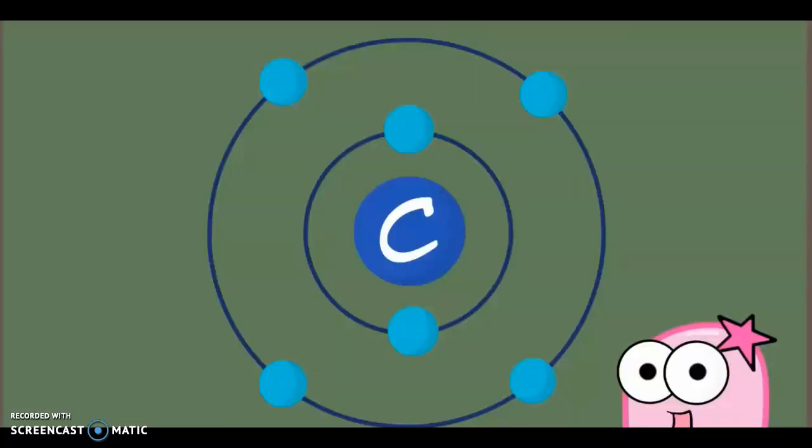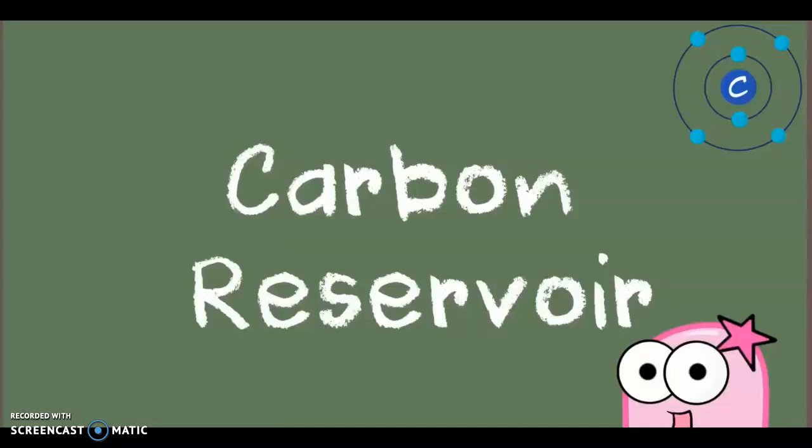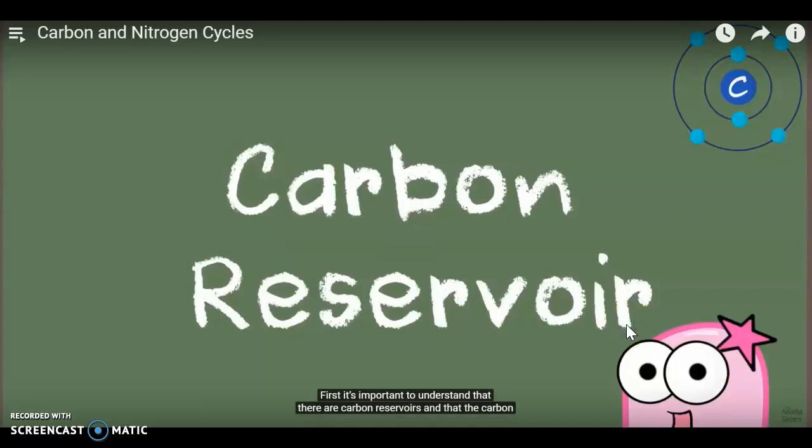Well, now that you get the point on how important carbon is, let's make sure we understand how we get carbon. That means we need to take a look at how carbon can cycle. First, it's important to understand that there are carbon reservoirs. So when it says that we need to know how carbon cycles, you guys are probably familiar with the water cycle. That is how you know it rains: evaporation, condensation, precipitation.